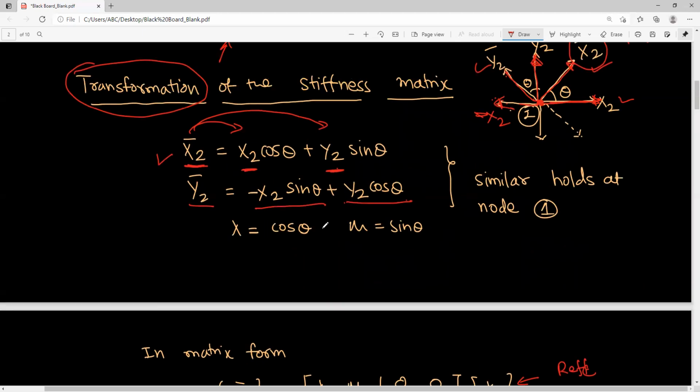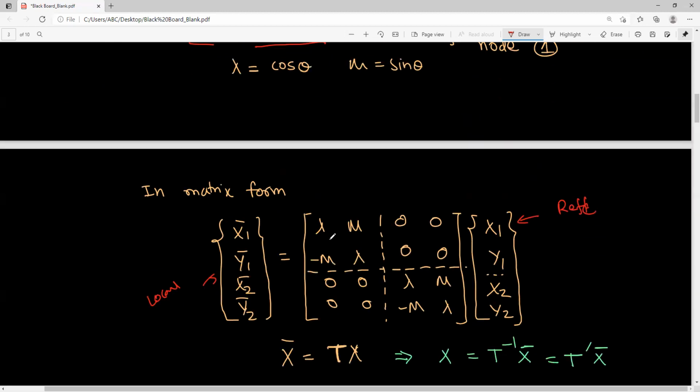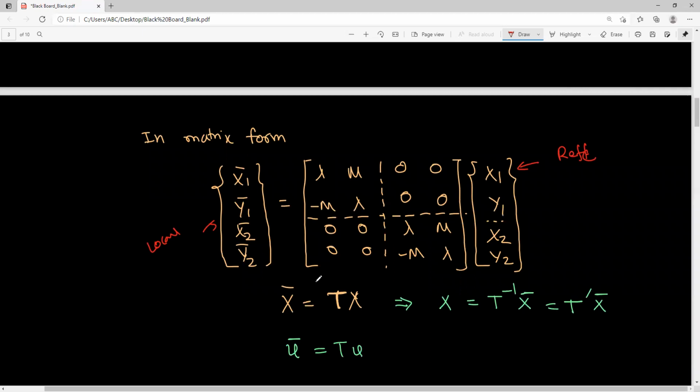Here we get 4 algebraic equations, which we can write in matrix form, and we get the matrix which relates these two different sets of forces. We call this the T matrix, that is, the transformation matrix.